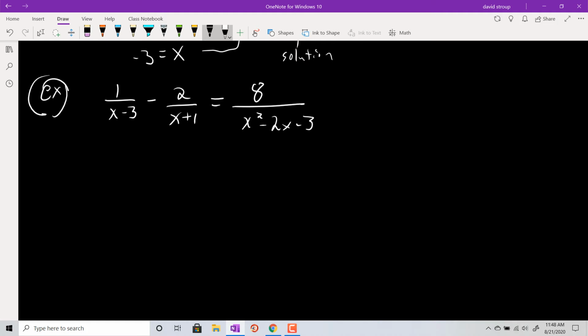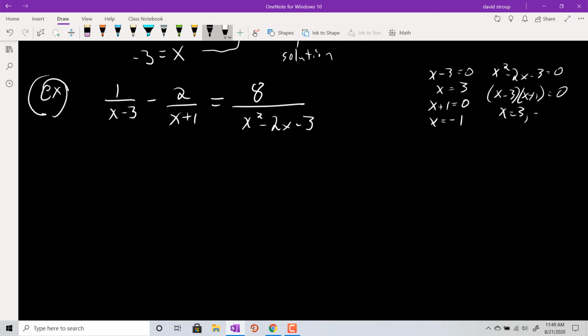So again, we start with the restrictions. Okay, and we're getting the same restrictions on that part.